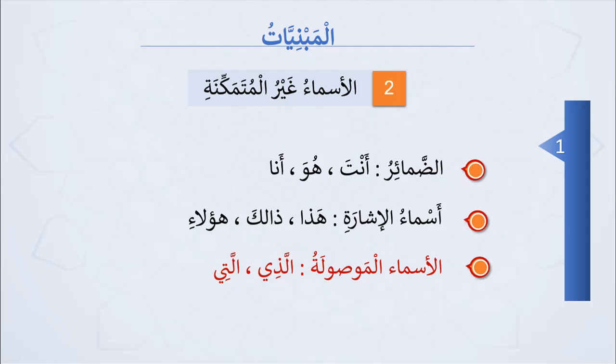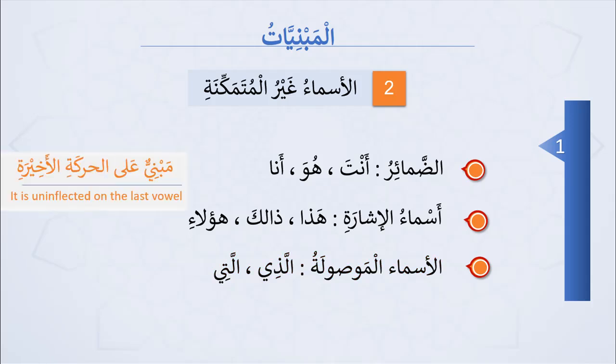Al-asma'ul mawsula, the relative pronouns. For example, you have alladhi, that for masculine, allati, that for feminine. So mabniyun ala al-harakat al-akhira, the basis is that they are uninflected on the last vowel, but not all the time, as the case may be.